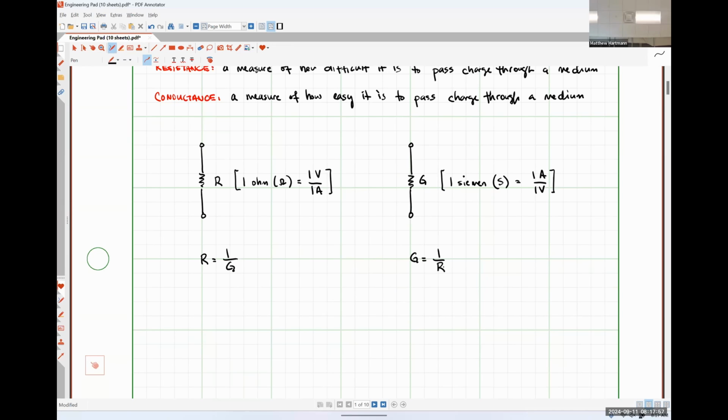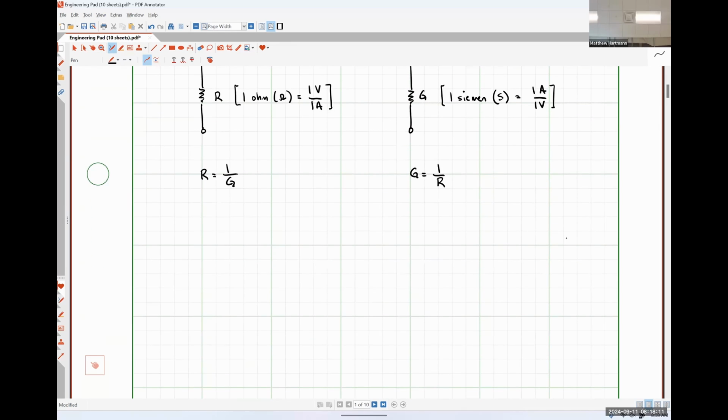Okay, so a couple of things. First, let's play around with Ohm's law a little bit, particularly with the context of a resistance. So we are used to the relationship where I'm going to draw a resistor here.